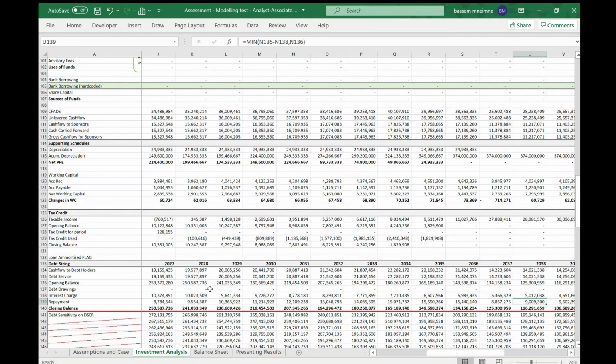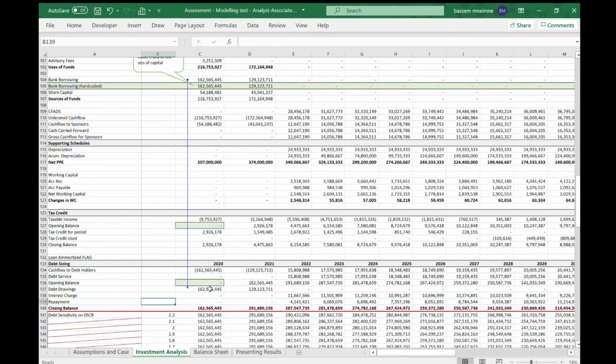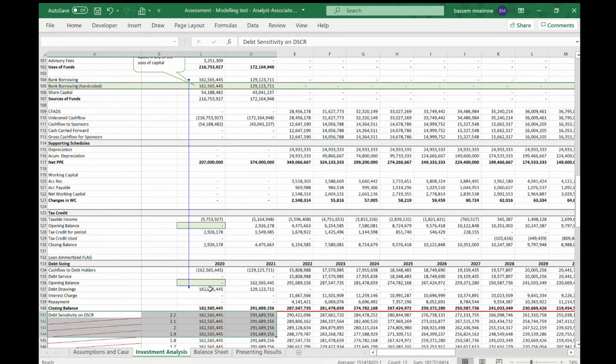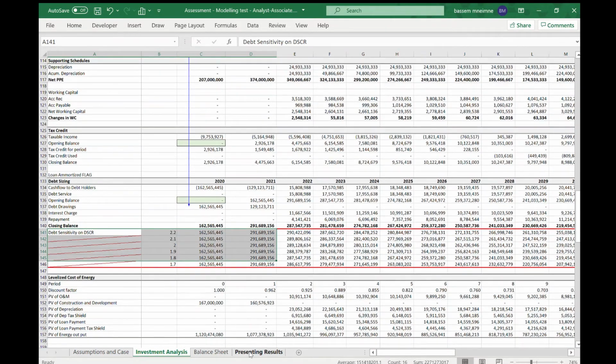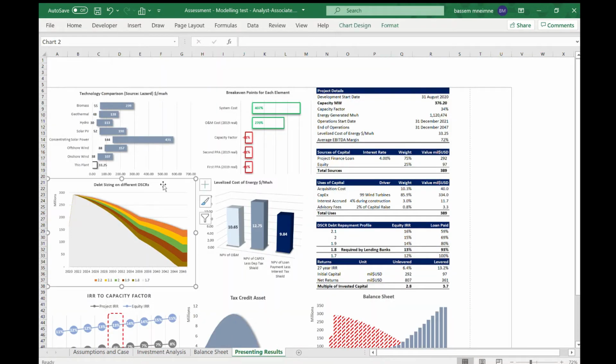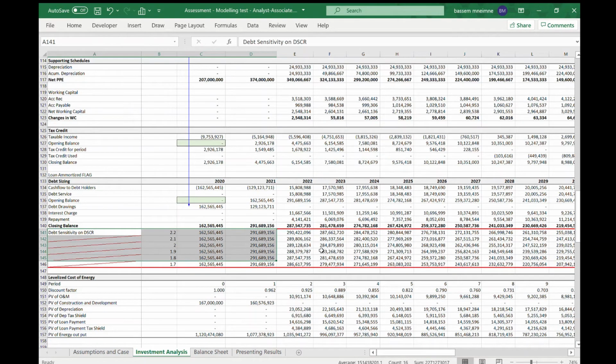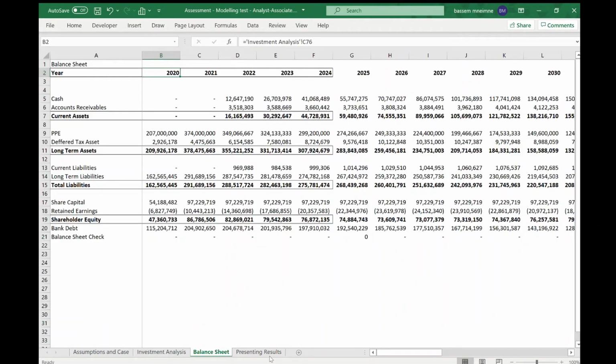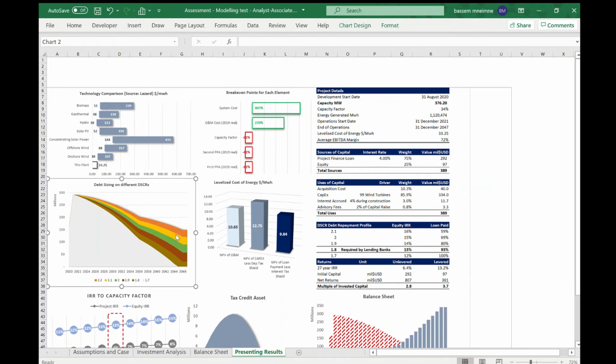Why I included a data table is because it's nice to present it in this form. So what this does is basically I'm getting the data from the red table here, okay, and each color of the chart represents a different DSCR.